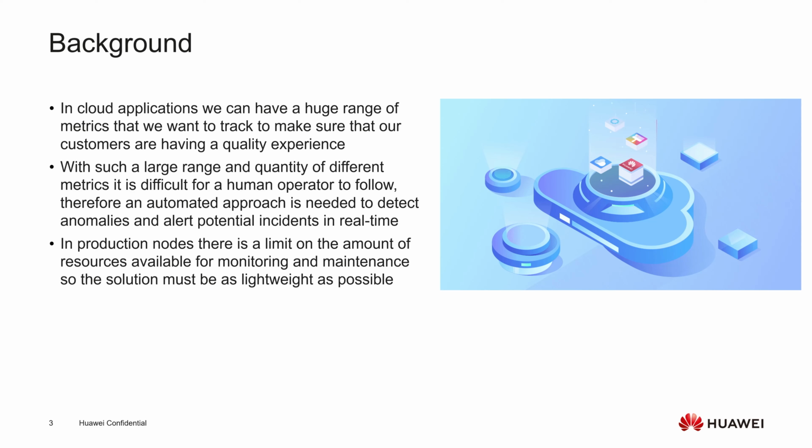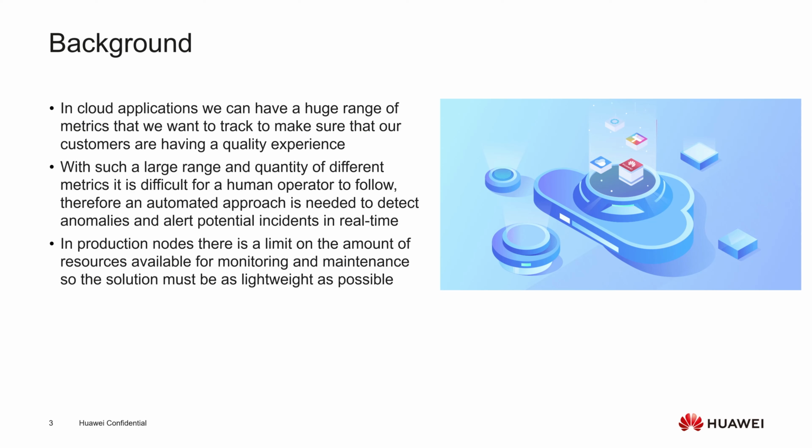Once we have these huge global scale cloud networks, it can be very difficult for a human operator to look at all these different metrics and to make a decision across all of them. So the operator needs some help from an algorithm, in this case an anomaly detection algorithm, to help point out when services aren't performing well.